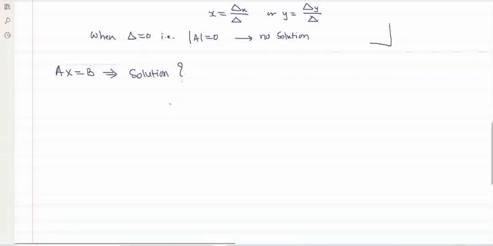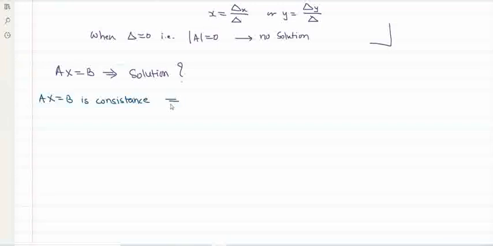When a solution exists, we say the equations are consistent. Ax equal to B is consistent. Consistent implies the solution of Ax equal to B exists.